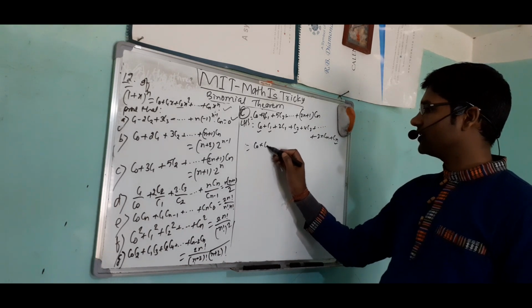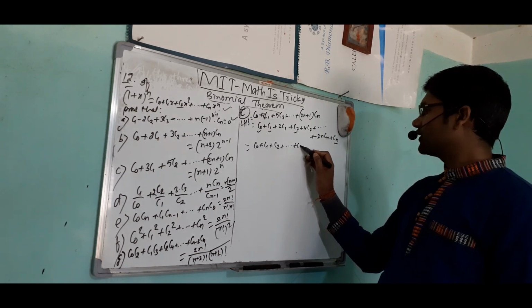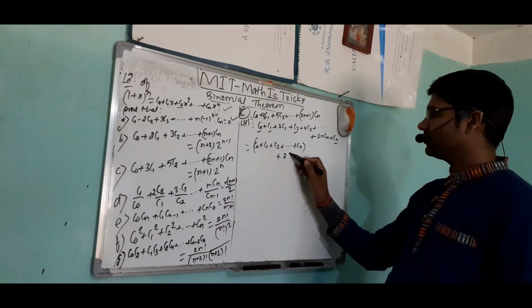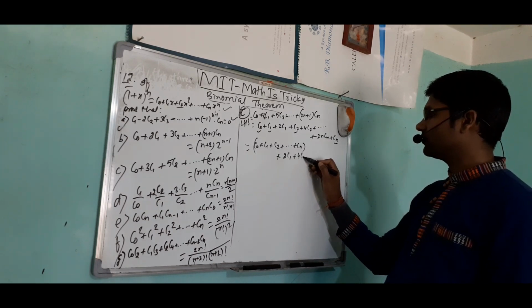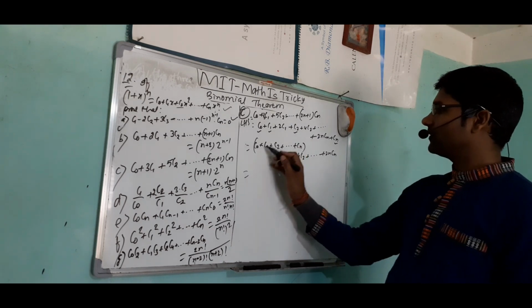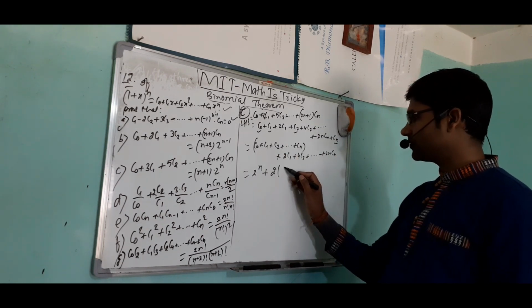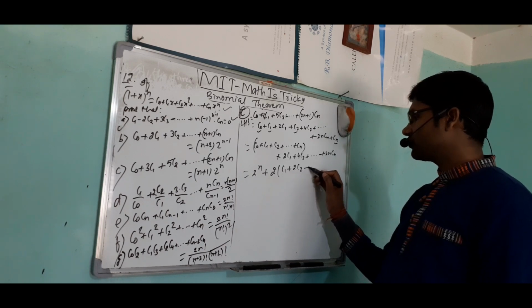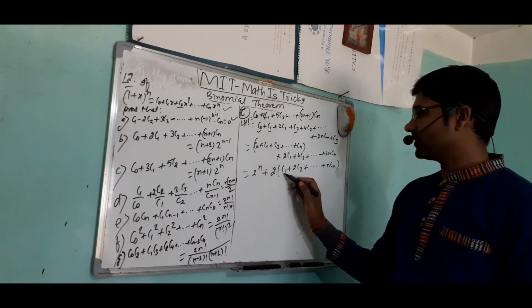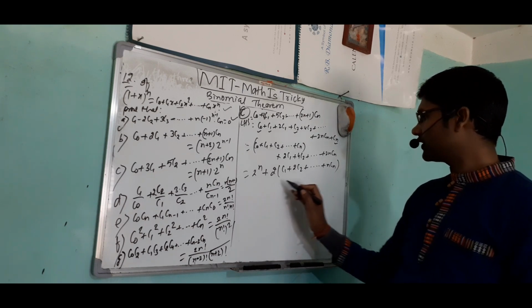So c0 plus c1 plus c2 plus dot dot dot cn, and then the remaining will give, for the remaining we can write here 2c1 plus 4c2 dot dot dot plus 2n cn. So for this we have the result. We can write here 2 power n. From this, for all we can take 2 common. So c1 plus 2 c2 plus dot dot dot n cn. And I think we have already used the formula for this in part B. So similarly for this again let's use the B result.